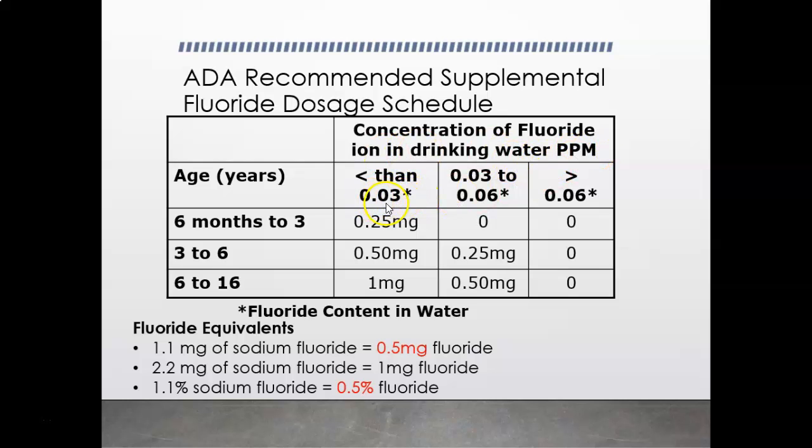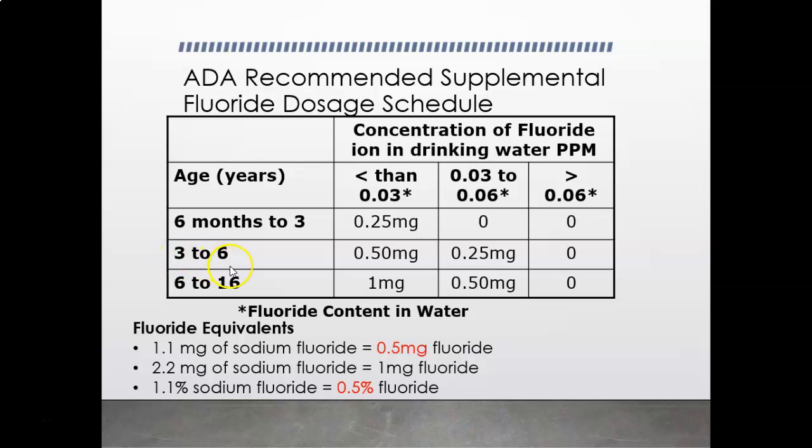If there's less than 0.3 parts per million in the drinking water, then they would get 0.25 milligrams. If there's somewhere between 0.3 and 0.6 parts per million fluoride in the drinking water, they don't need supplemental, and anything above 0.6 for any age group, they don't need supplemental.